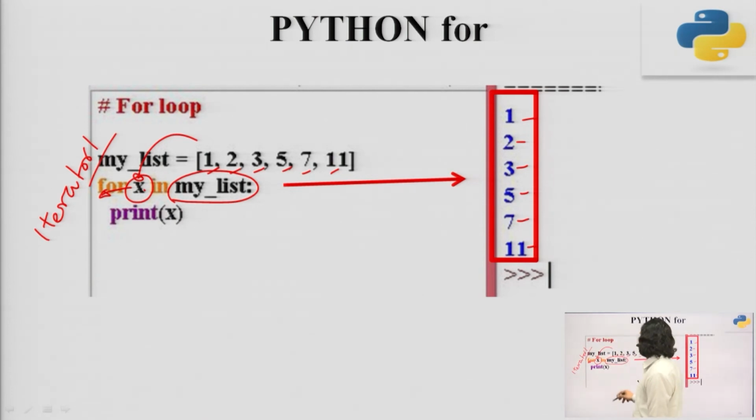This iterator is fetching the values one by one. It is just like a boss. The boss is fetching the properties one by one from the iterable. So, the iterator is fetching the values from the iterable. The iterable is a collection of data. Whenever you have a collection of data, that means it has the designated property of being iterable.